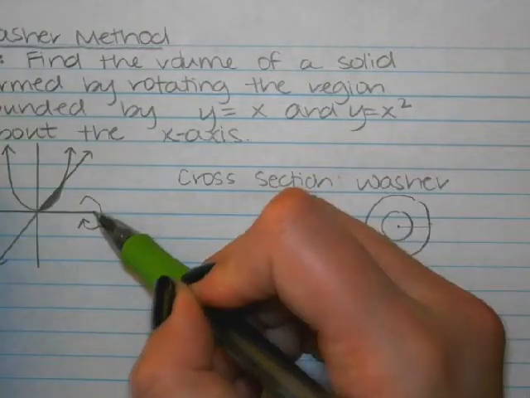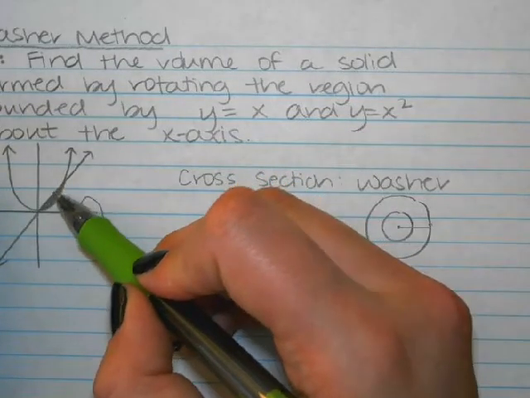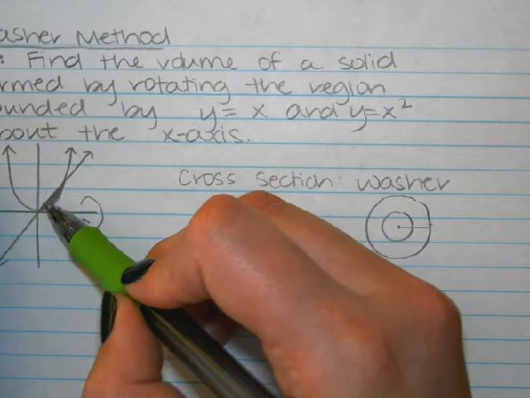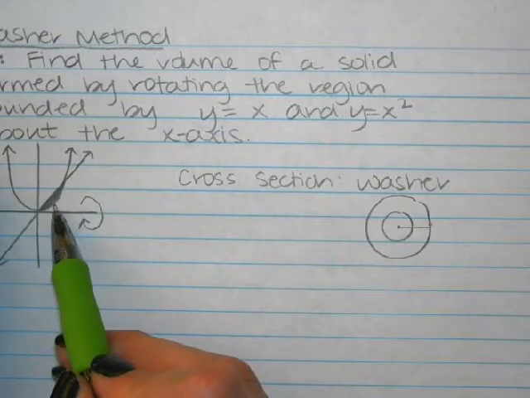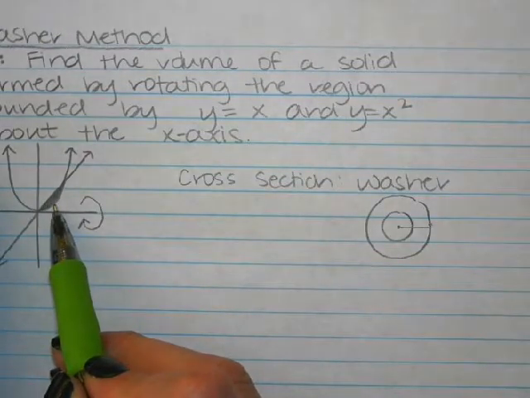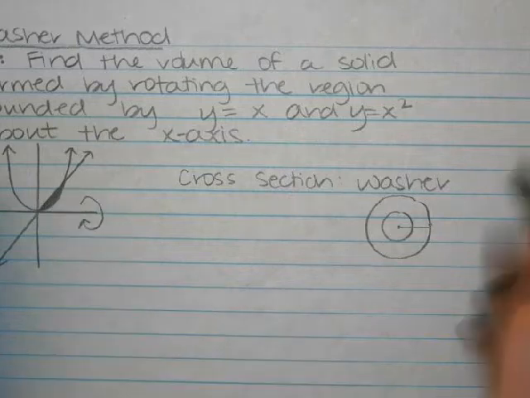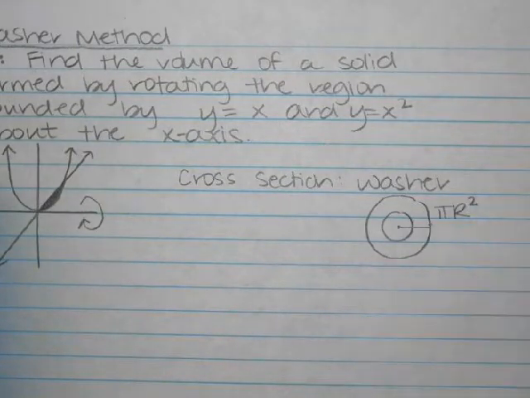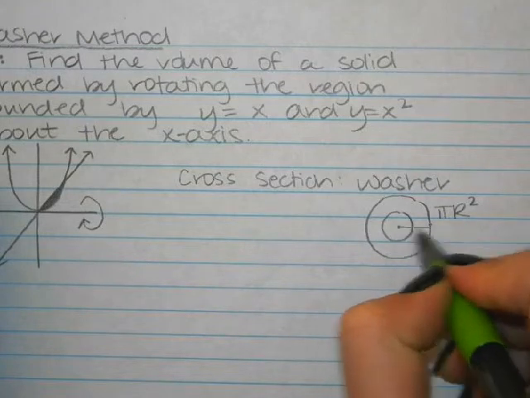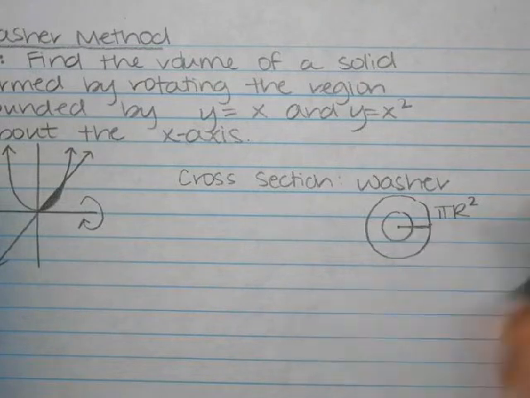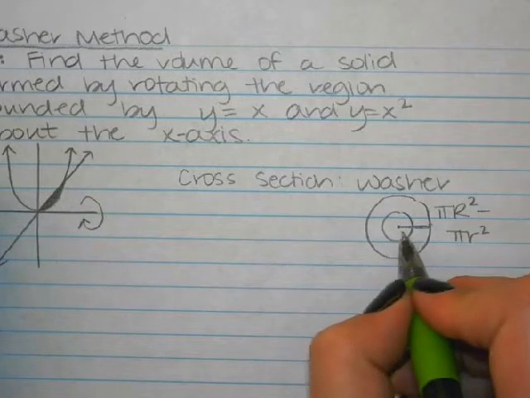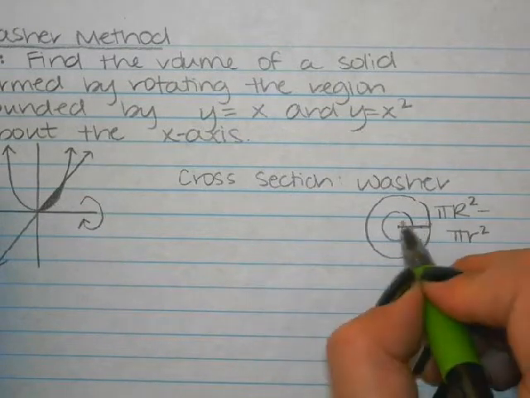So if this is our axis of rotation, this curve right here is the part of the curve that forms the outside of the circle. This part of the curve right here forms the inside of the circle when you rotate it, okay? So the area of a washer we're going to call pi R squared, where R is this whole thing, minus pi little r squared, where the little r is just that part right there.